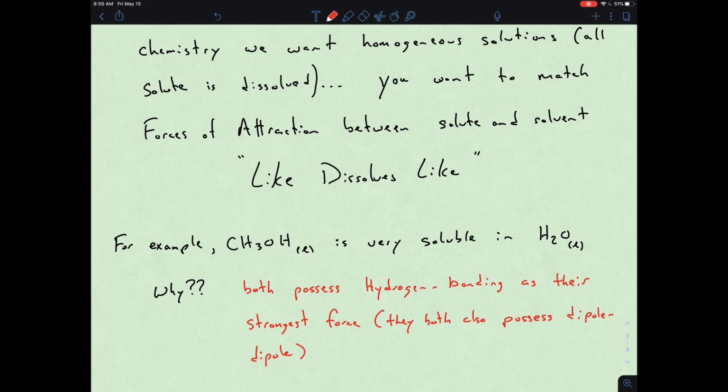So it's this hydrogen bonding motif, right? That we have our OH, and we have our H2O, and both of these are hydrogen bonding type molecules, and so that's why methanol is very soluble in water. It's that like dissolves like.